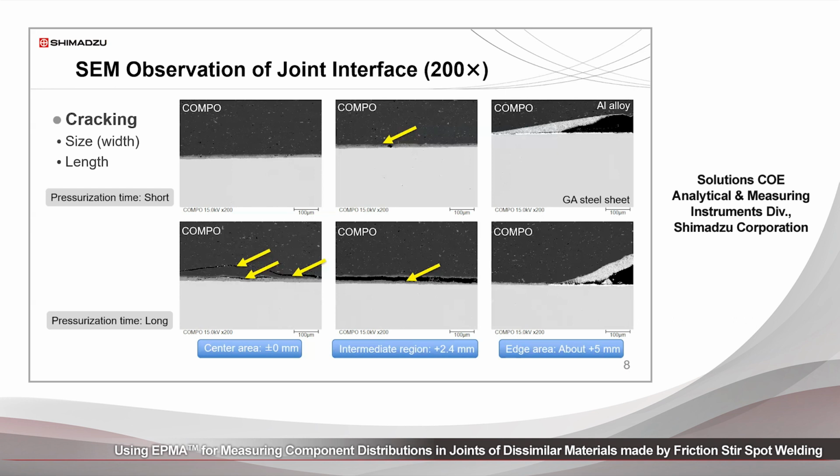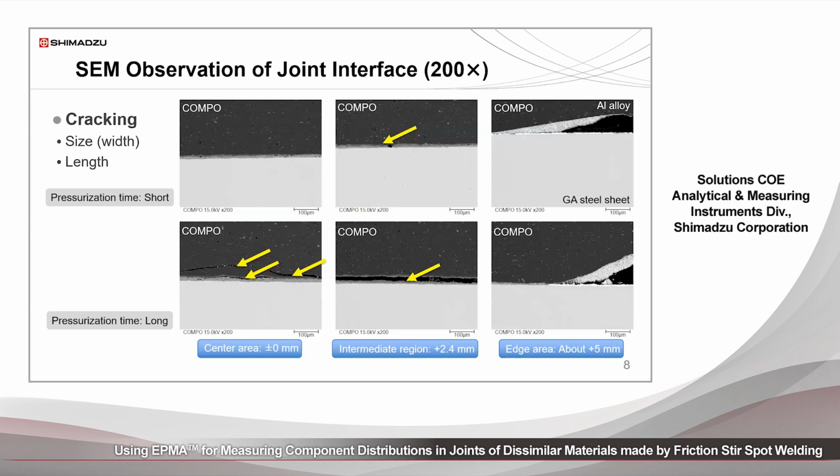The first column is near the center of the joint, followed by what is deemed the intermediate region, which is approximately 2.4 millimeters away from the center of the joint, and the edge area, which is approximately 5 millimeters away from the joint.